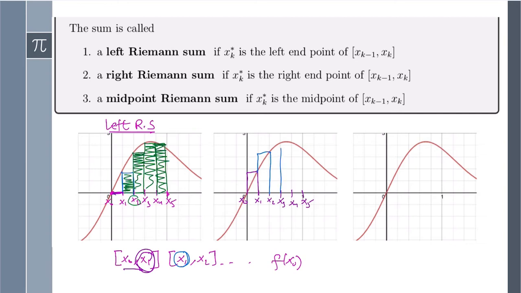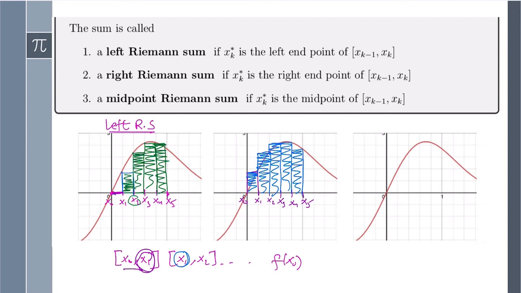Then the third rectangle, the fourth rectangle, and the fifth rectangle. Now I add this area, then this area, then this one, and that area. That's going to give us the approximation of the area under the curve.